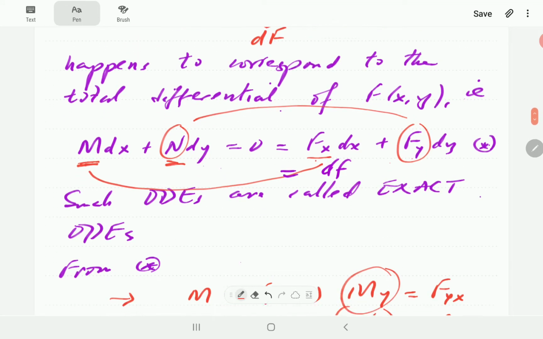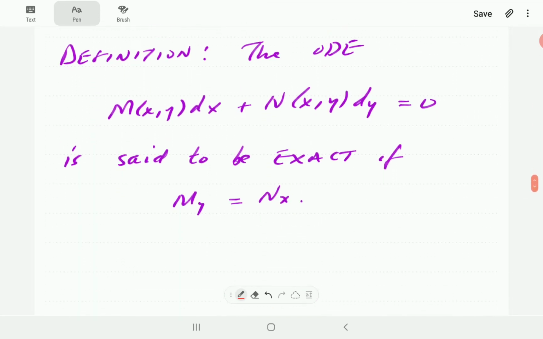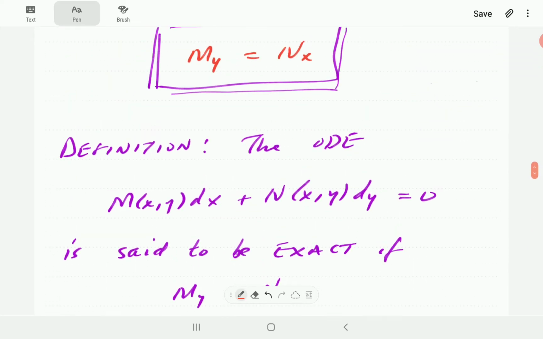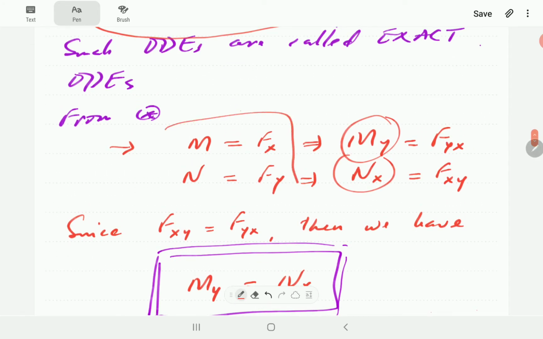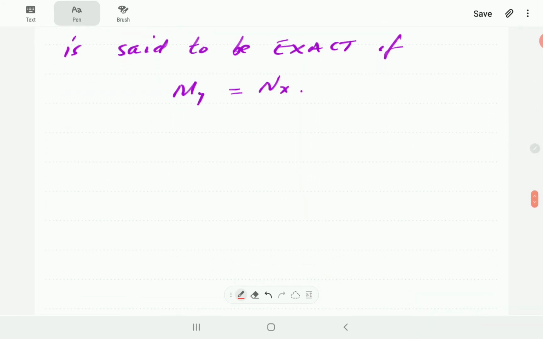If we find that an ODE is an exact ODE, then we must find f. We're going to have to start from this, find f by integration, and then we have got the solution of the ODE. Right, so let's look at some examples.